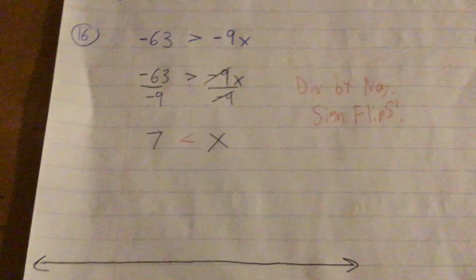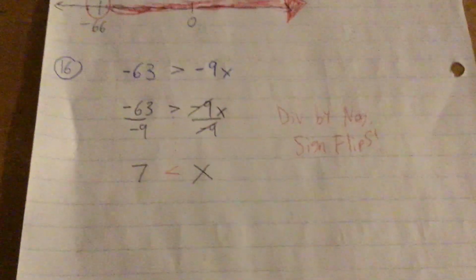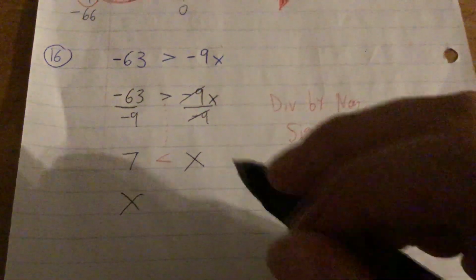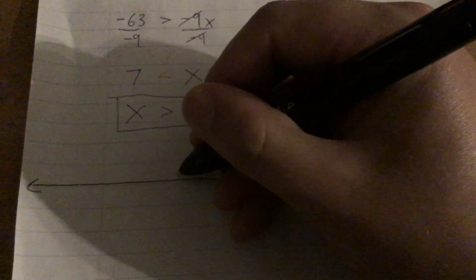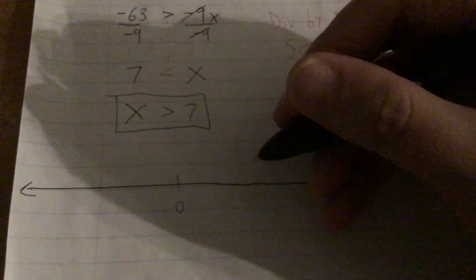Once again, I like it when x is on the left. So if 7 is less than x, start the sentence with x. 7 is less than x means x is greater than 7. No issue whatsoever. I'm going to put 0 in the middle. Positive 7 is to the right of 0.